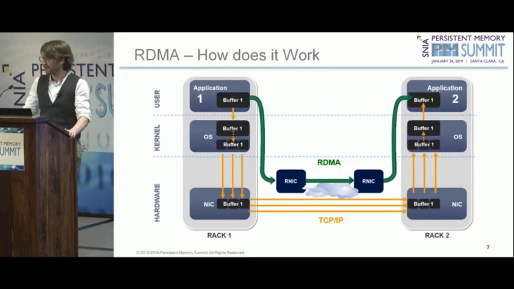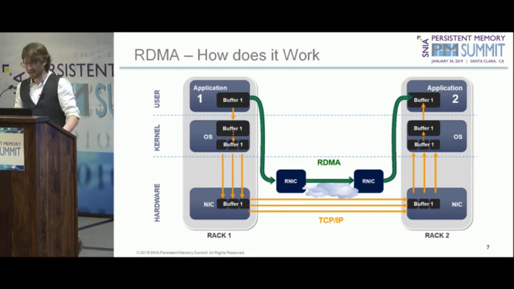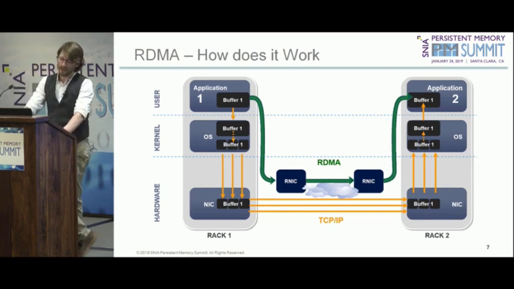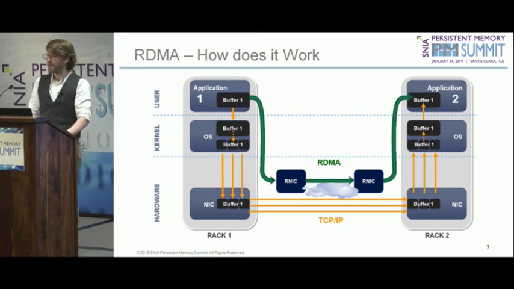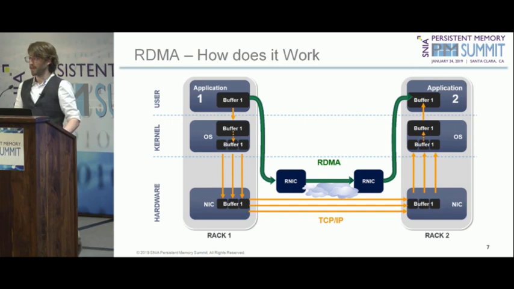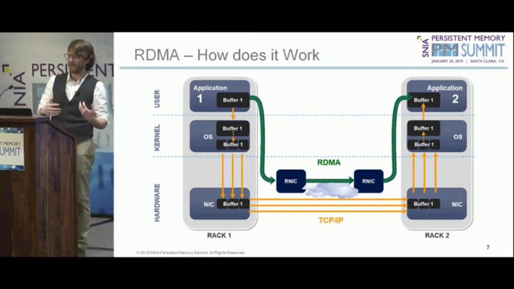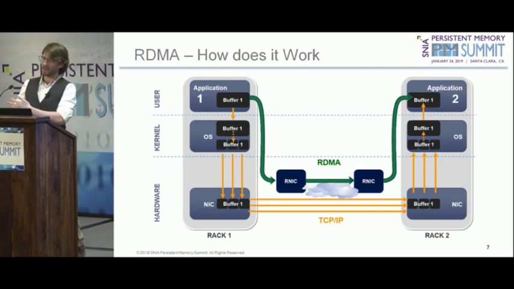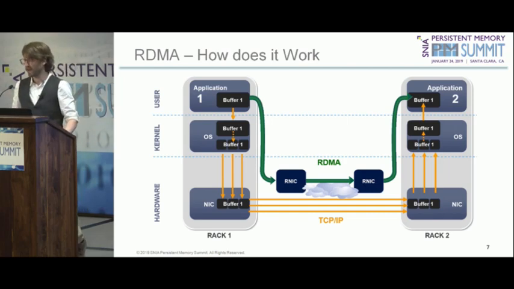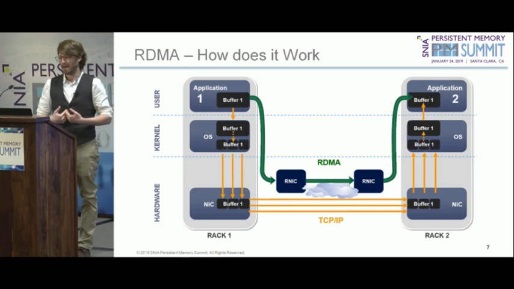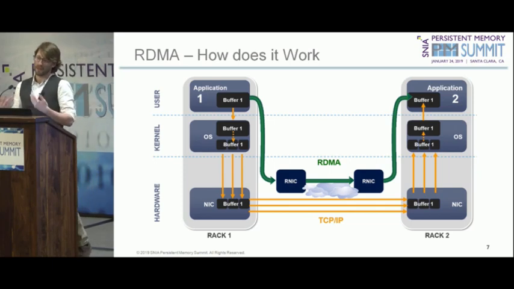So just a general overview about RDMA. RDMA provides the capability to access remote memory, either with reads or writes to a remote buffer, using one-sided operations. This basically means that if I want to read from a buffer of a remote application into my buffer, I post a request to an adapter.